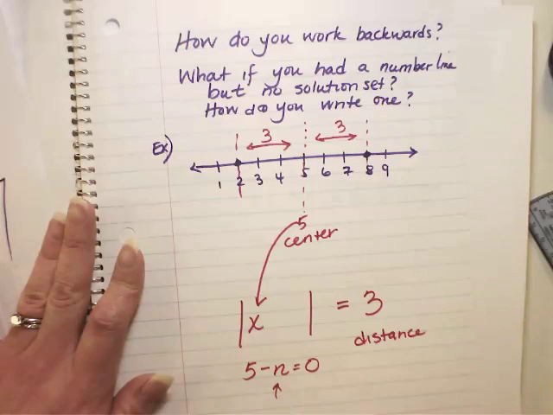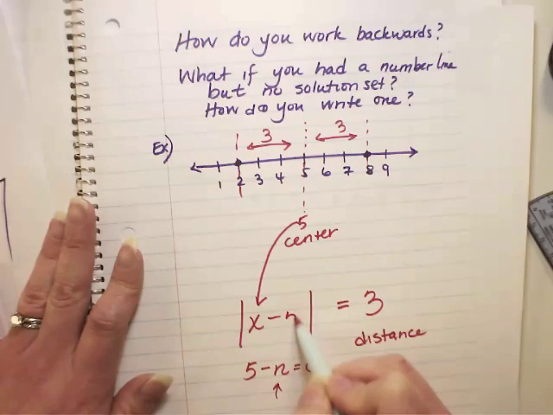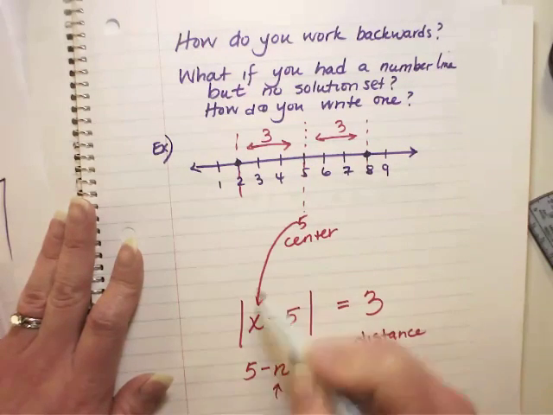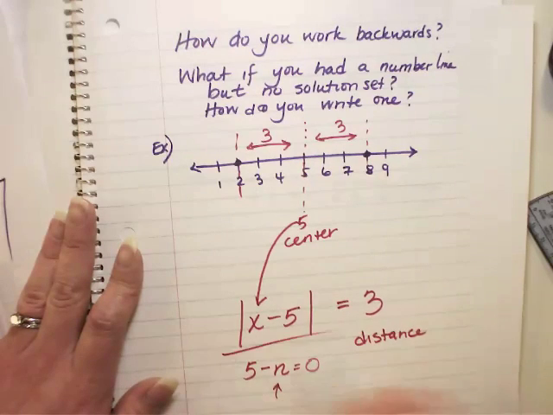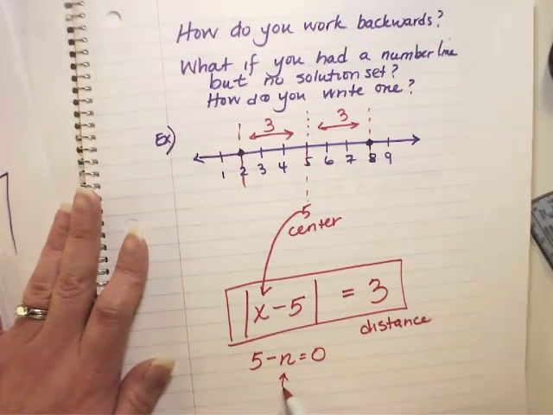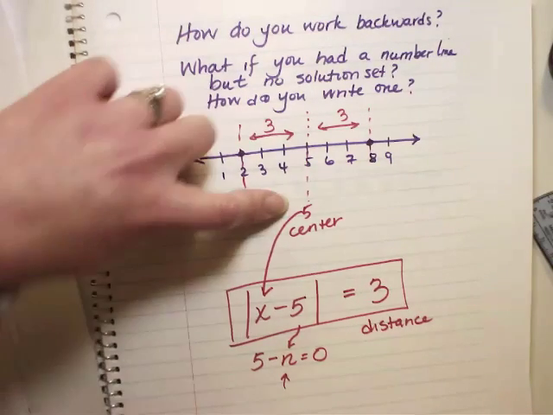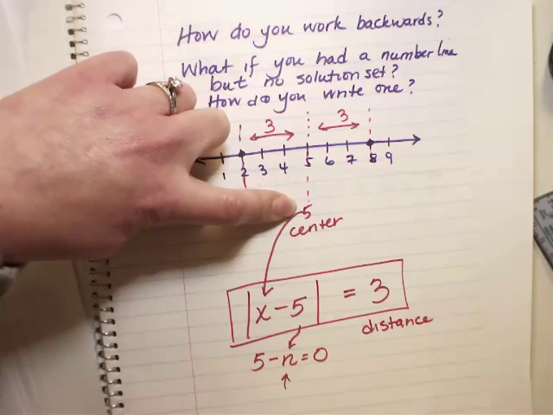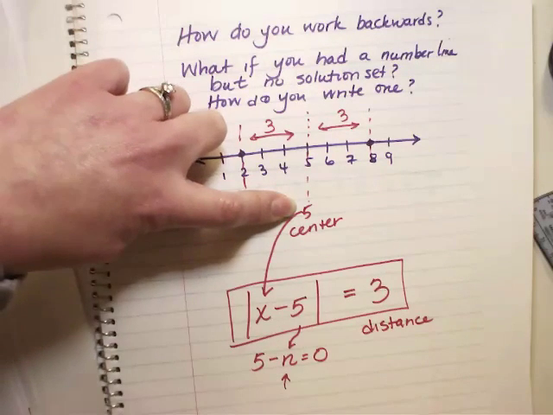What does this number have to be? 5, did you say? 5 minus 5 would give us 0. So I would write absolute value of x minus 5 equals 3. And that would be my equation for this one. So you're just figuring out what this number is because that's what has to go there. And this x is always your center number, because that is the center for this graph.